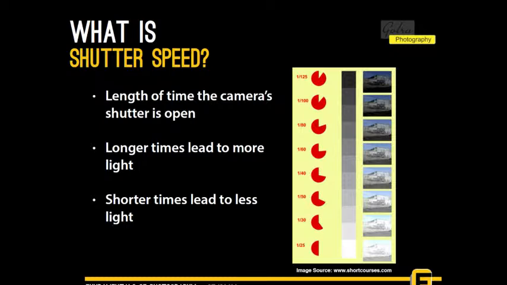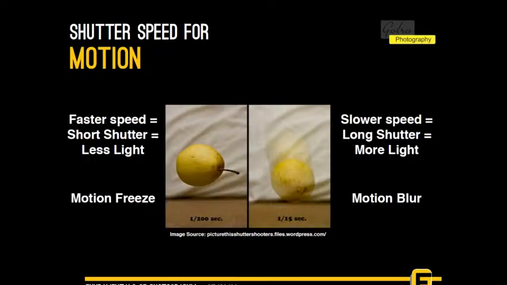A faster shutter speed will give you very little motion, but it will be darker. And when it is open for a longer time, it will make your scene very bright, and there will be a lot of motion blur if you are doing any kind of movement. So let's see over here.